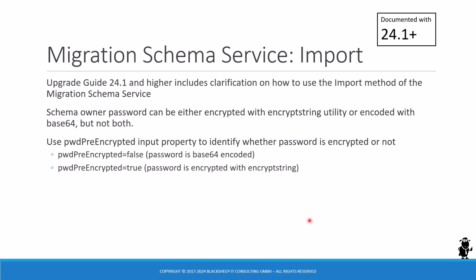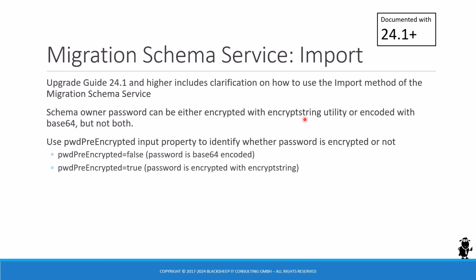And for the import in the schema service, one parameter is very important, or two, the username and password for the user who has permissions to modify the schema. It's typically the table owner or schema owner. And that schema owner password can be encrypted for a few versions now with the encrypt string utility. So it's a real encryption. You cannot get the password back out of the encrypted string.